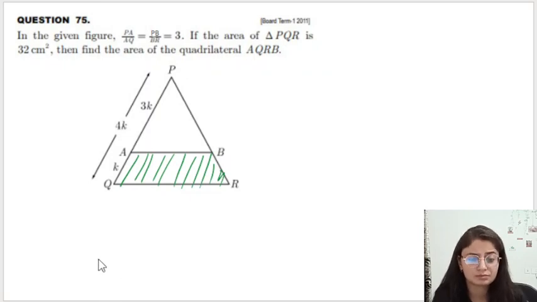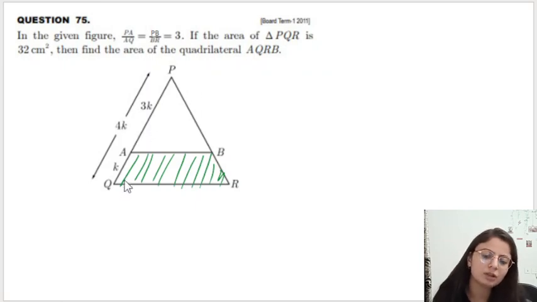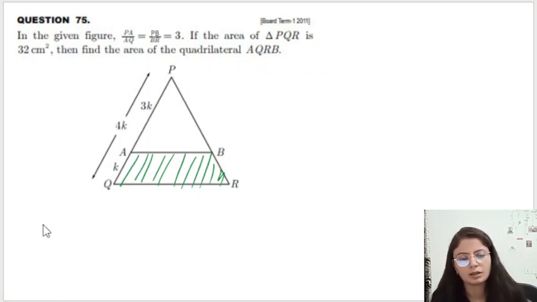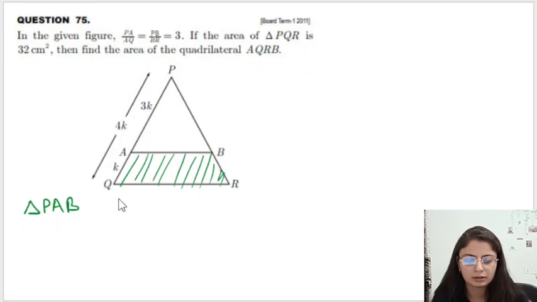Now let's use the similarity. अब अपने पास यहाँ पे दो triangles है, this smaller triangle PAB and triangle PQR, right? Now are these two triangles similar? Triangle PAB and triangle PQR. अब angle P is common in both the triangles, right?